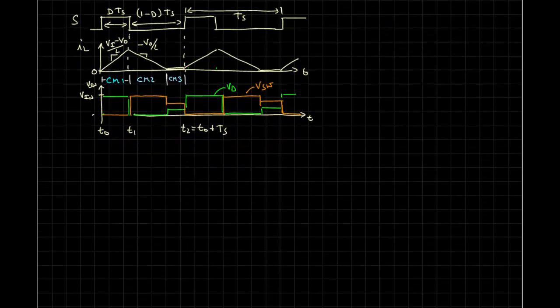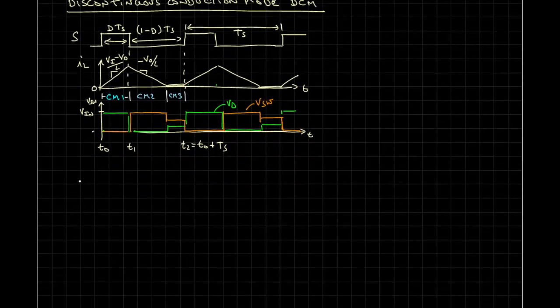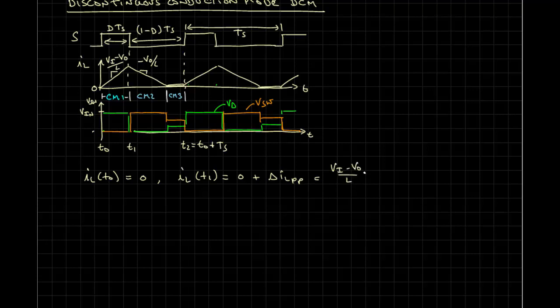Okay, so in this case, we have IL of T0 is equal to 0. Right? IL of T1 is now equal to 0 plus delta IL peak to peak, which is simply our VI minus VO over L times D times TS.